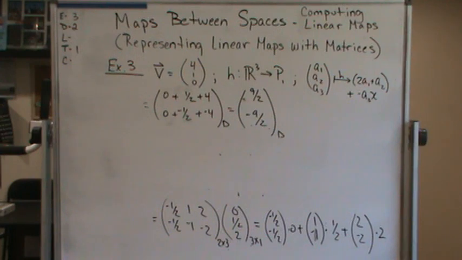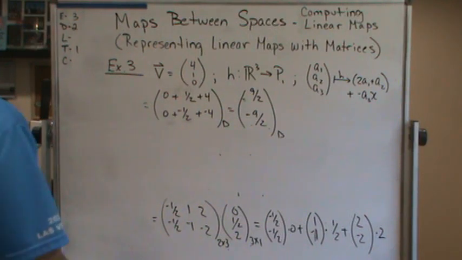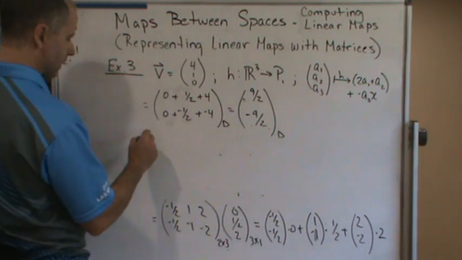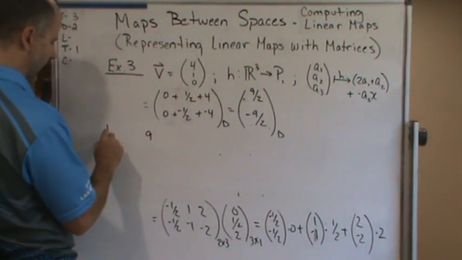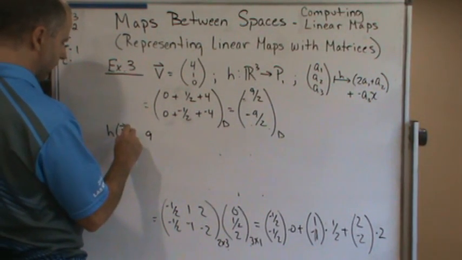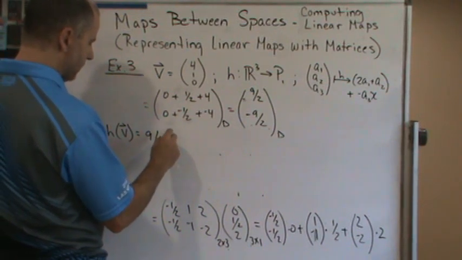Now to find h of v itself, not its representation, all we have to do is take 9/2 times the basis in D. So that's going to be 9/2 times what?